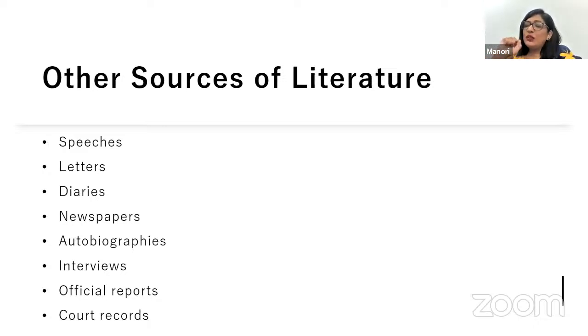But what you have to do is make the citations properly. And though there are several limitations of using those informal sources in your research work, dissertation or thesis, you have to clearly mention them. You should say that you have used these kinds of sources, but there may be some limitations on those sources.